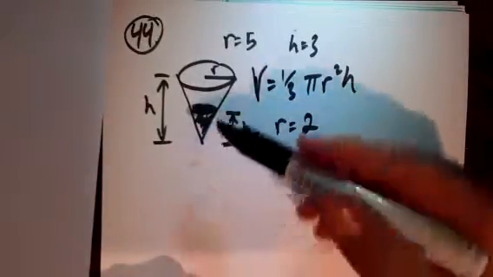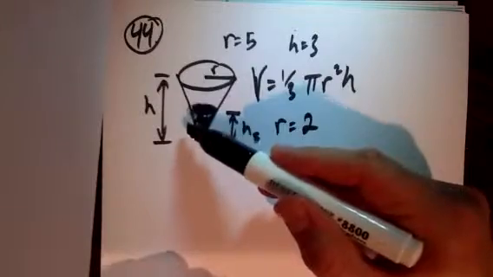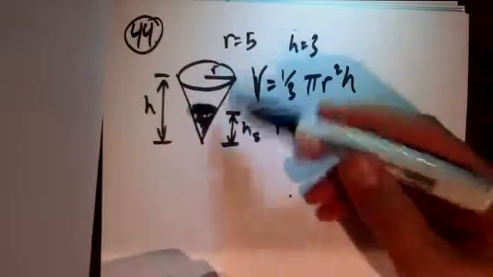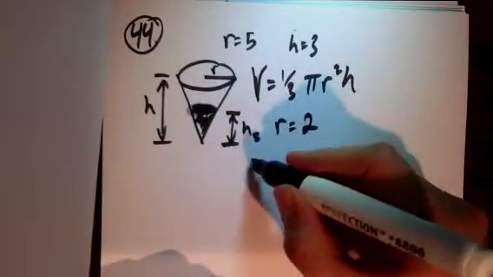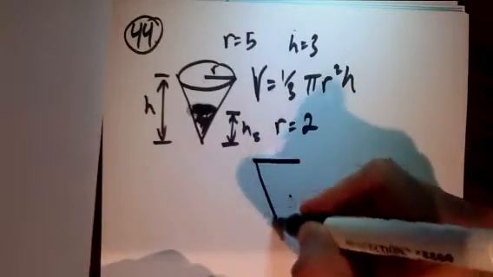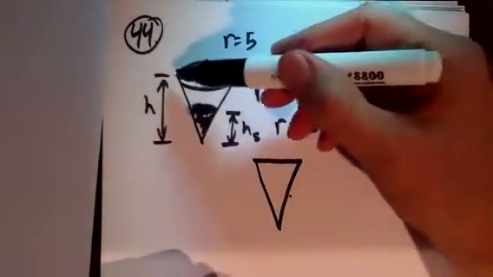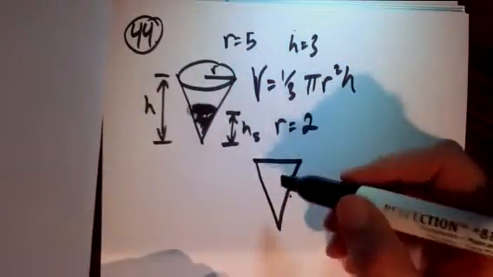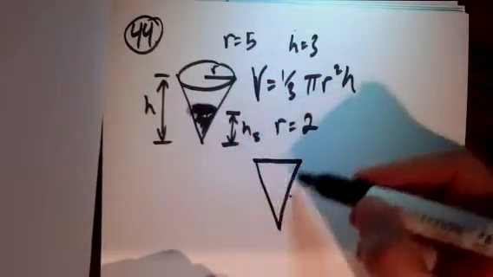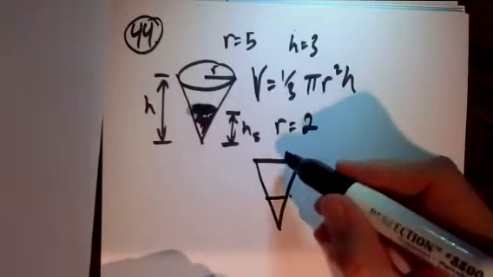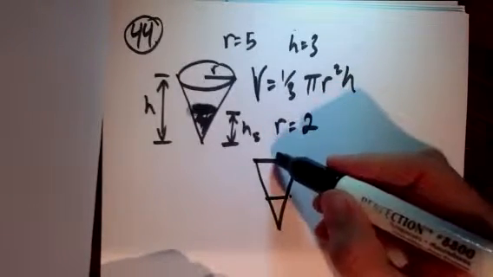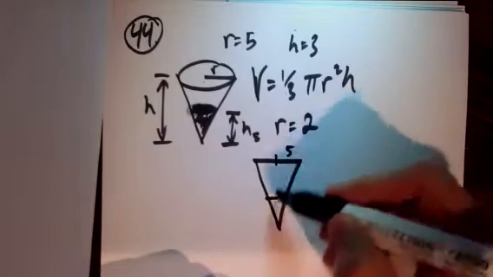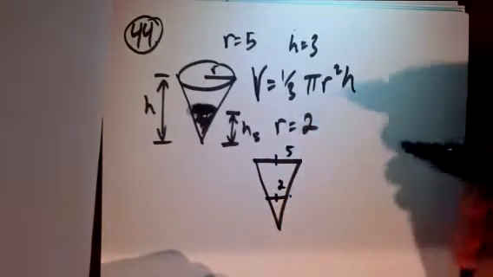Okay, so now what is the height of this particular section? We do a cross-section parallel to the base, but what if you did a vertical slice right through the center, like cutting the diameter of that circle? At the top you'll have a radius of 5, and here you've got a radius of 2.